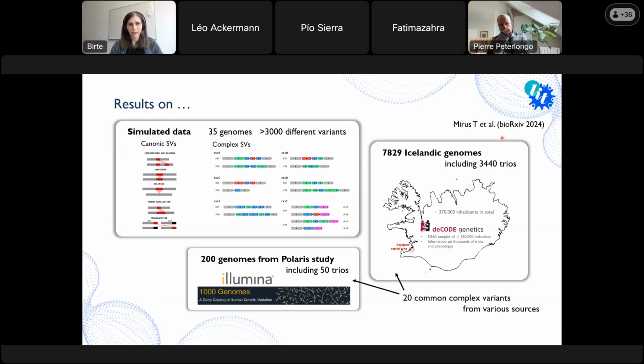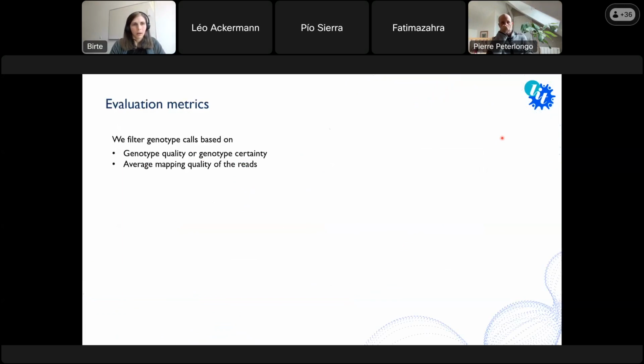On the real data sets, we used 20 handpicked common complex variants from different sources for now, and then compared on the Polaris and simulated data to other tools.